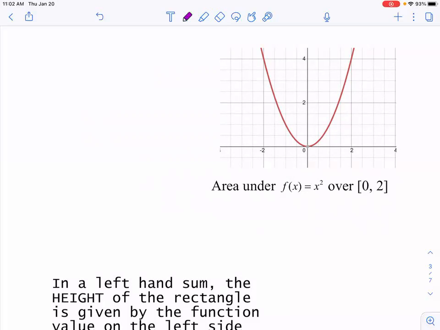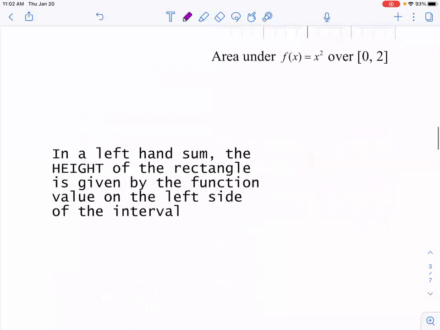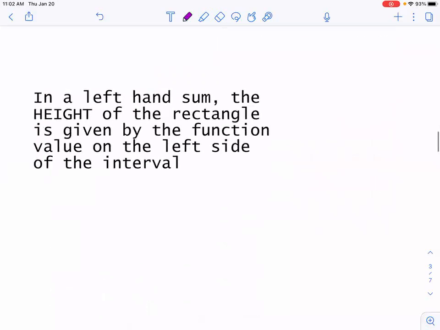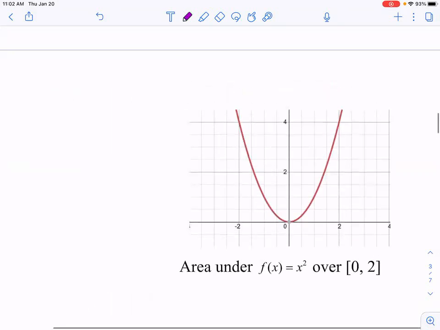Thank you. So here we go. We're going to talk about the left-hand sum first. So I want you to take the very first flap and open it up. Let's talk about the area of f of x equals x squared over 0 to 2. So 0 is our a and 2 is our b.